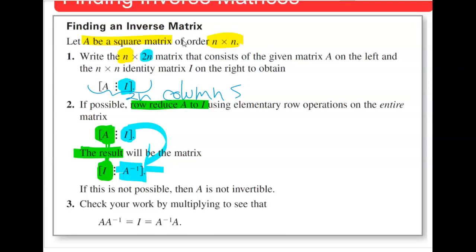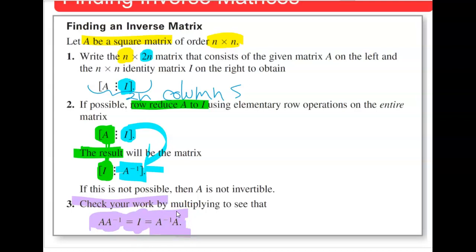And so if this is not possible, that means the matrix is not invertible. So you could also check your work by multiplying to see that A times A inverse will give us the identity matrix. Or the other way, A inverse times A equals identity matrix. That is how you will check your work.